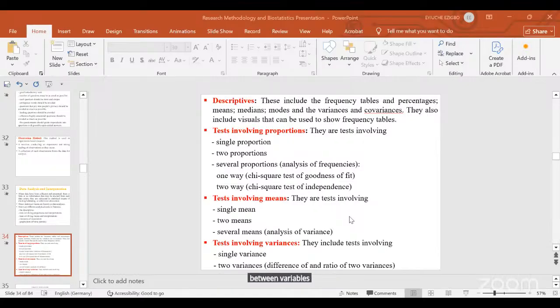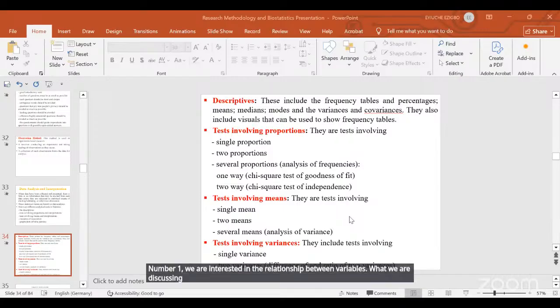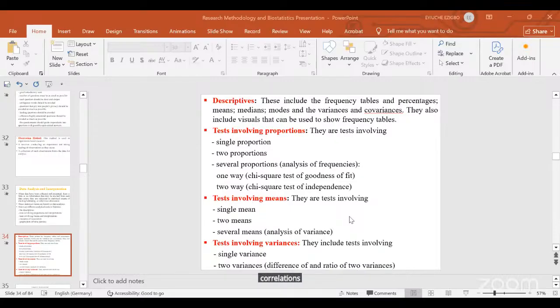And when we are interested in relationship between variables, we'll be discussing how to handle relationships, which will lead to things that we know as correlations and the regressions. So if that is the objective of the research, the analysis can go in that direction.